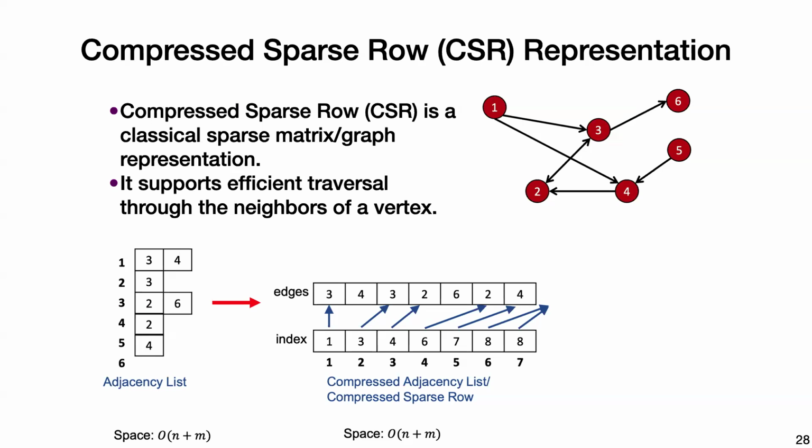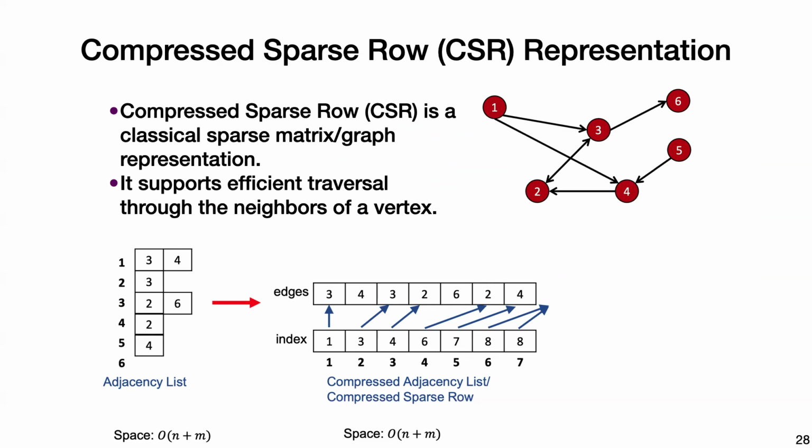And then the point of index is, if you only had edges, you wouldn't know where the neighbors for 1 and the neighbors for 2 or 3 start, because you only know the beginning. So the point of index is to tell you, for some vertex, where its neighbors start in the edges array. So that's CSR.